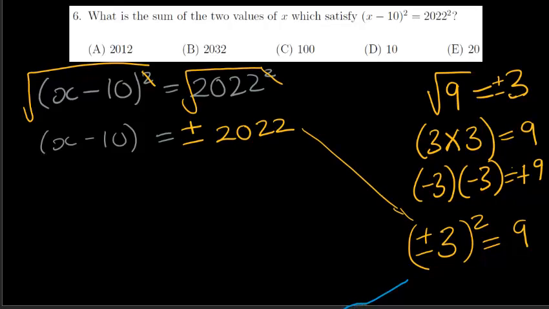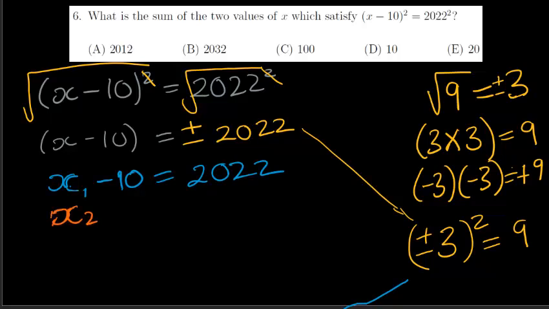I'm going to separate this plus minus into two lines. So let's do the first line as a plus, and let's call it x1. Our first equation is going to be x1 minus 10 is equal to positive 2022. And then let's do the second one, and we're going to call it x2 minus 10 is equal to negative 2022. Now what I want to do is add everything up.